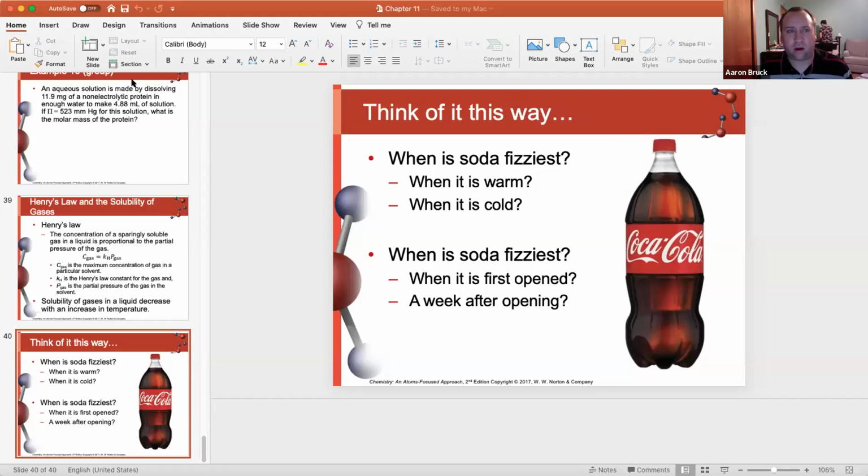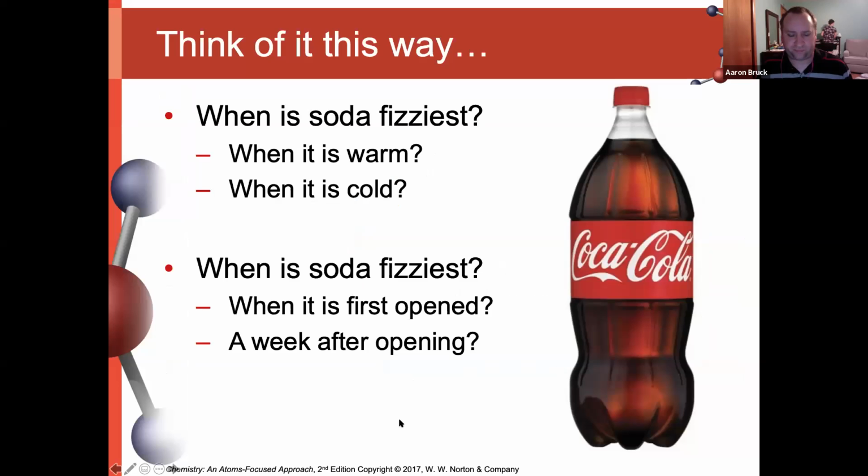But the primary difference we can see in terms of our Henry's law discussion is the fizziness, and we'll come back and look at these in a little bit just to see how it's changed over time.